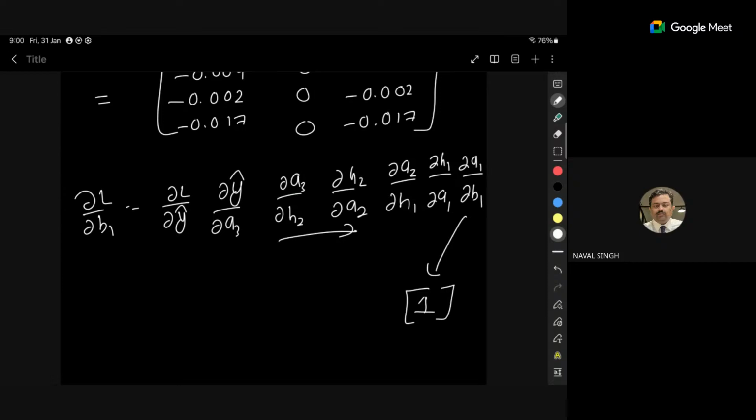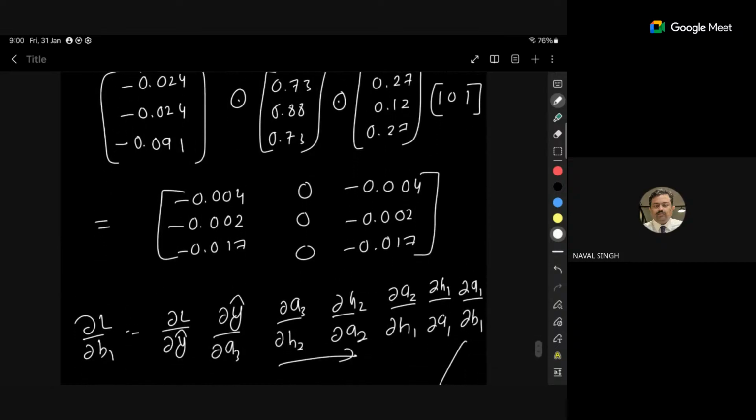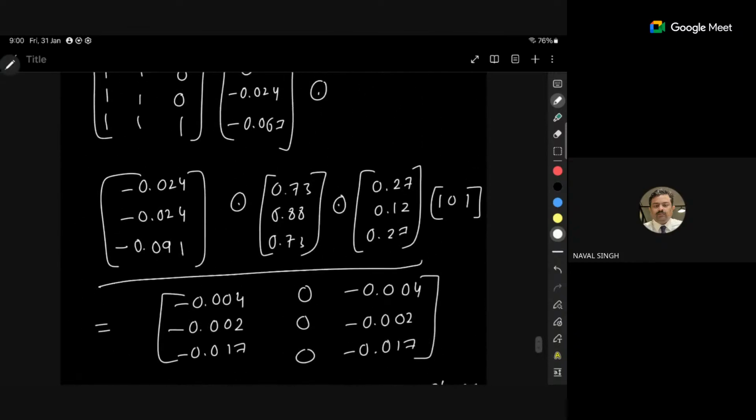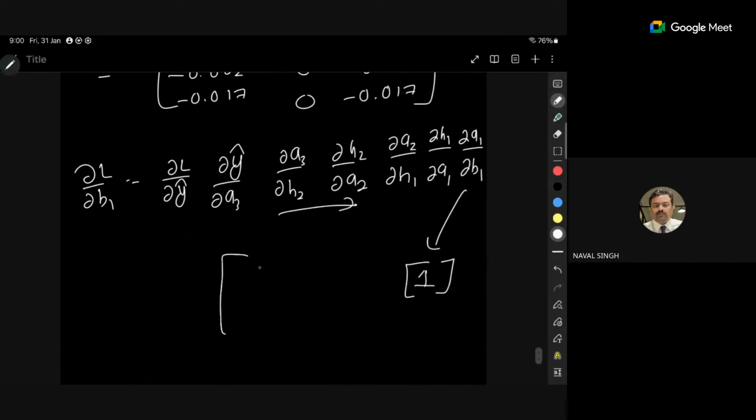So the answer should be these 3 things only. If we hadn't done this matrix multiplication, that is the vector you would get, and that is the answer for this.